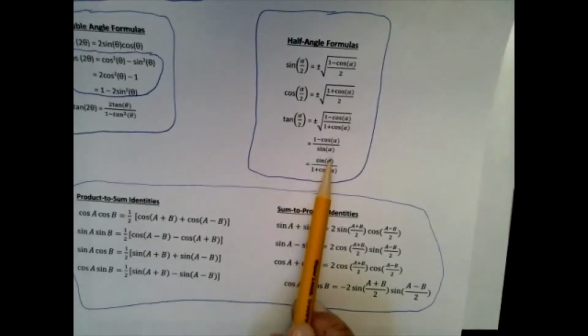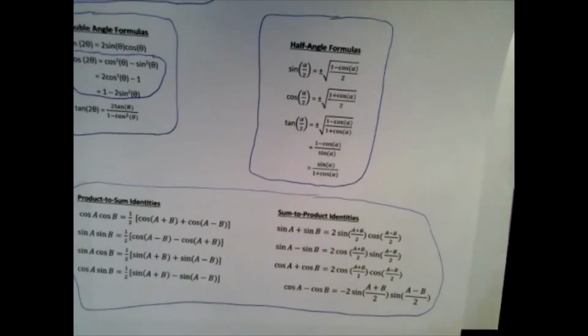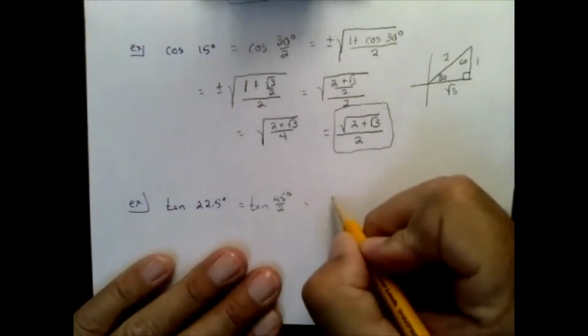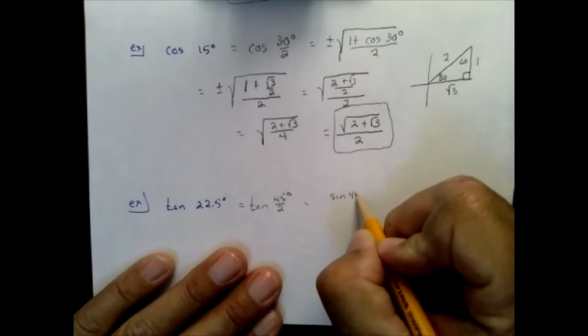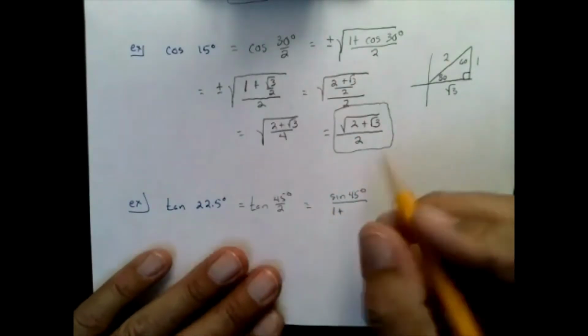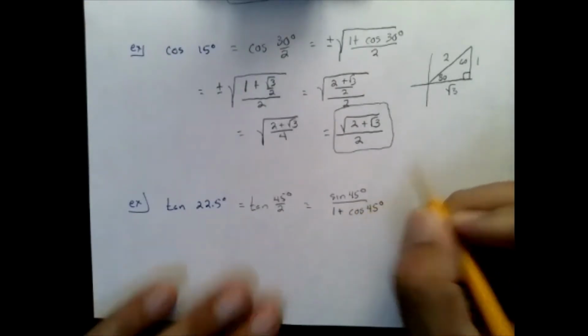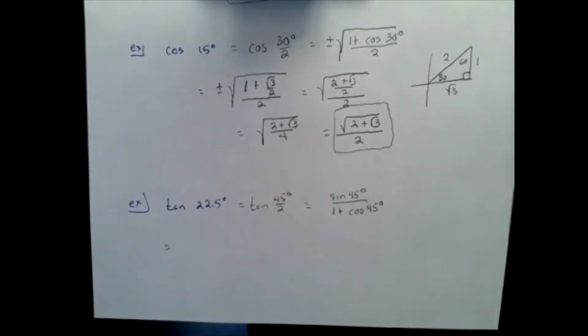This becomes the sine of 45 over 1 plus the cosine of 45 degrees. We're rocking and we're rolling. I'm going to give you 30 seconds on your own to keep going with this, because watching me is easy.